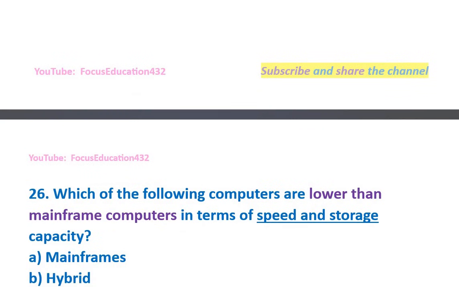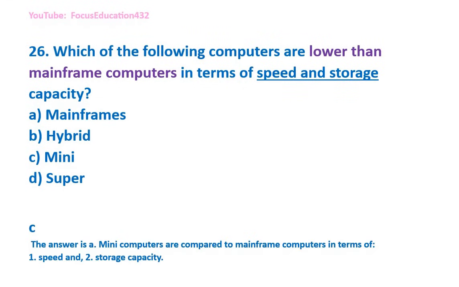Which of the following computers are lower than the mainframe? Just to understand, mainframes are very big machines, like big servers, mostly used by the IBM company, with very high speed and storage. Mainframe computers are for high processing speed and storage. Large servers are mainframes.